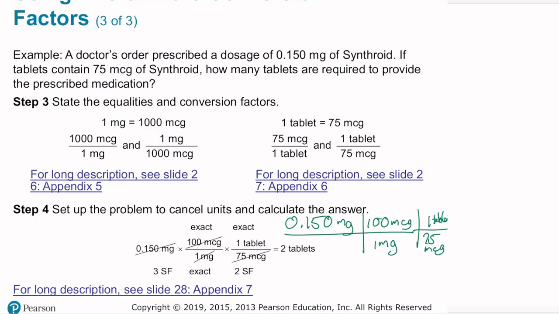So if we work this problem, we see that 0.150 times 100 times 1 divided by 1 divided by 75 gives us a total of 2 tablets required for the dosage.